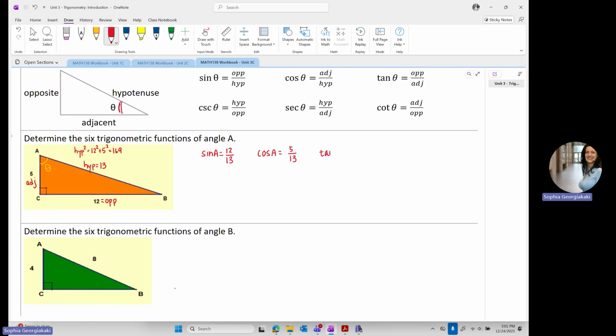The tangent of A is opposite over adjacent. The cosecant of A is hypotenuse over opposite. The secant of A is hypotenuse over adjacent, and the cotangent of A is adjacent over opposite.